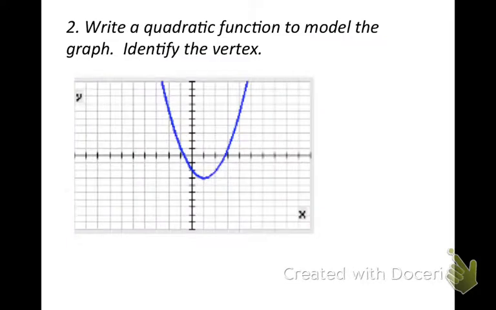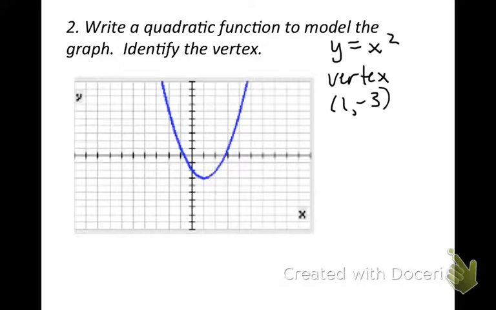On this problem, we're writing the equation of the graph that we see, and we're going to identify the vertex. We can just assume that this graph is going by ones. So our vertex, we'll identify that, is at 1, negative 3. Now we'll check in the normal parent quadratic, y equals x squared.